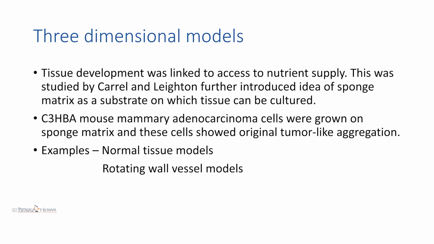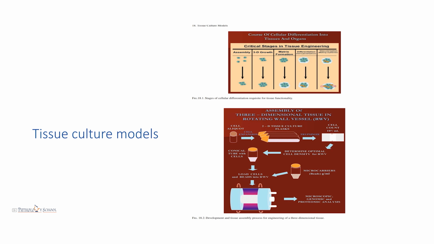So that was the only different thing about rotating vessel wall models. In this diagram, below is the assembly of the rotating vessel wall and the series of events, and in the above image we can see how the cells, after being agitated, aggregate and form ground substance, and a three-dimensional structure is formed.